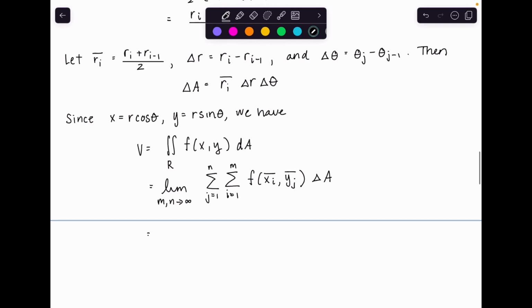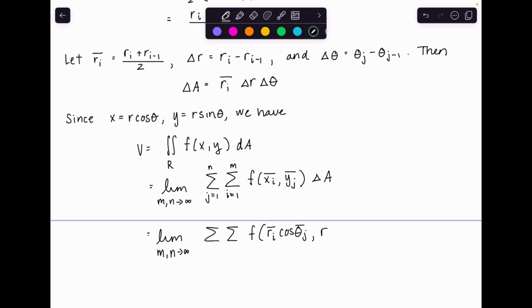So now we can switch everything over in terms of polar in this limit. We can still use M and N. That doesn't matter. We still have a double sum because in here the x is going to be replaced by r cosine of theta. And then again, we can say these are the midpoints. It doesn't matter.